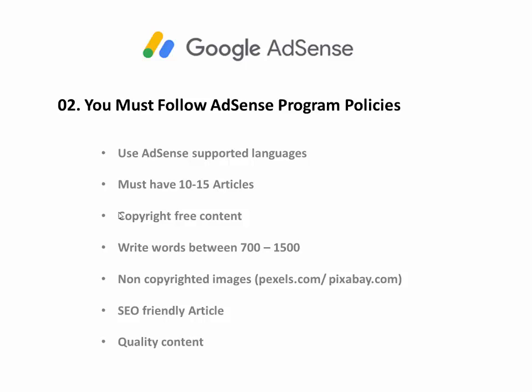After that, don't use copyrighted content. Copyrighted content means, okay, I have a health blog called myhealth.com, and you see a beautiful and great article on my website, so you just copy the whole article and put it on your website.